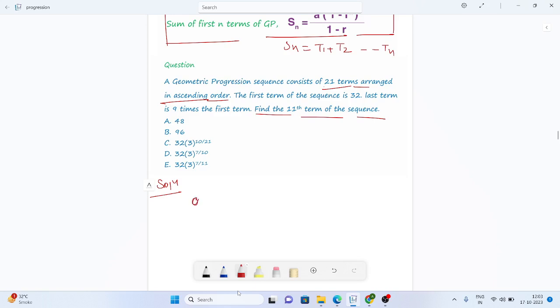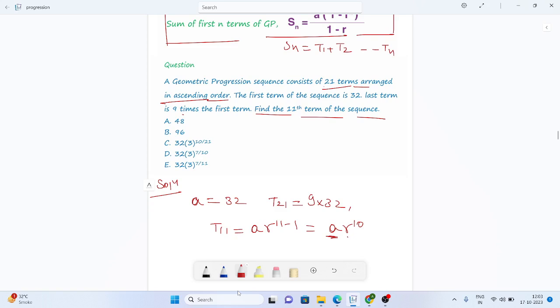So here he gives the first term. First term is 32. What is the nth term, or 21st term? The 21st term is the last term, and he says the last term is 9 times the first term. So it is 9 into 32, right? And the 11th term he asked from us, so we put n equal to 11, so I get a r to the power 10.